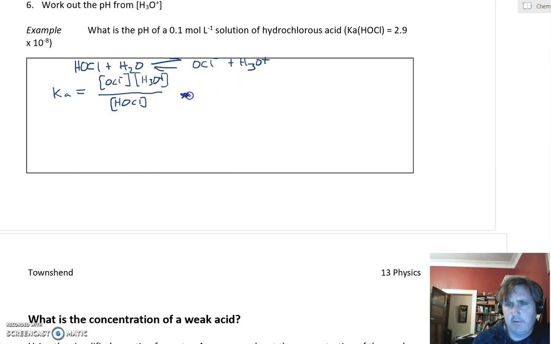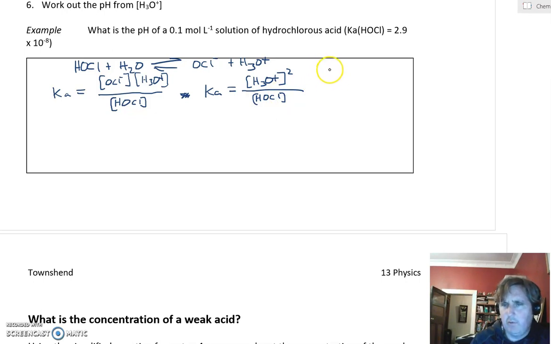So now we get Ka equals H3O+ squared. Remember, I took the approximation here that we assume that the concentration of H3O+ is going to be the same as OCl-, because every time we make one OCl-, we make one H3O+. So we still put the concentration of the weak acid underneath.